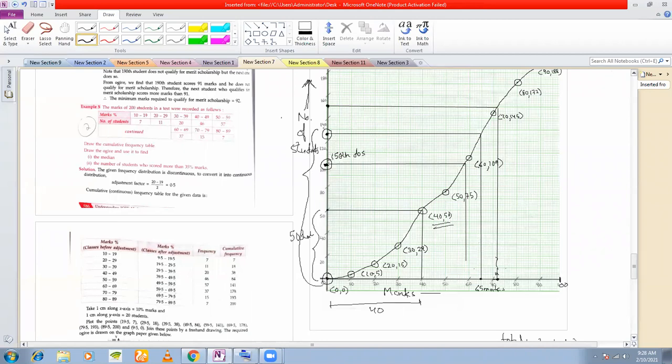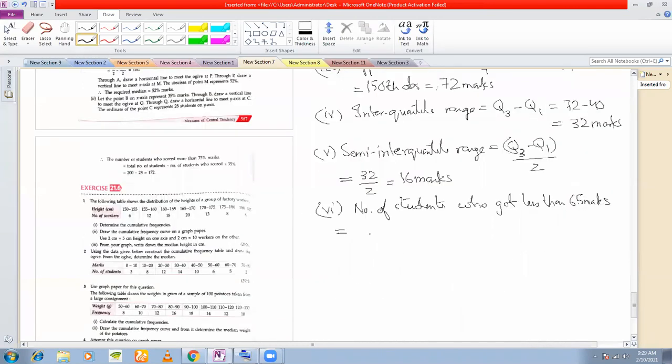This point is 120, 130. This is your 120. Let me just check. Yeah, this is 130. So 3 divisions above 120, and each division is 2 students, right? So this is 120 plus 6. 126 got less than 65 marks.